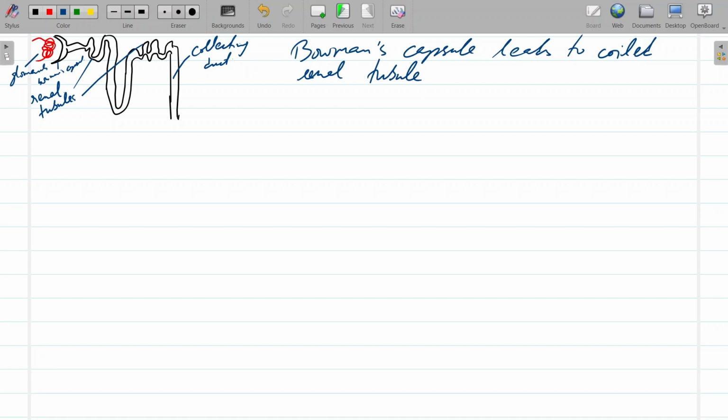The tubule then joins the collecting duct, which passes through the medulla and into the pelvis.